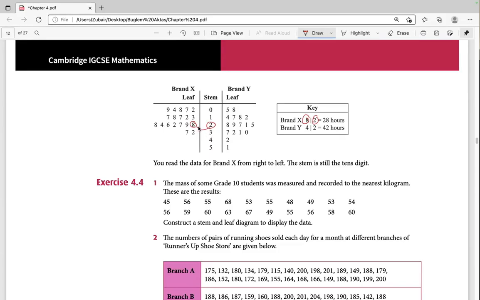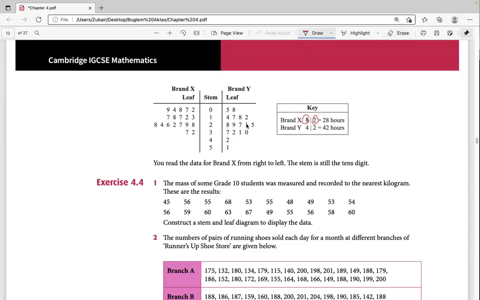So if this is 28, what is this? 32. Very good. And what is this? 20. Careful. 2. And what is this? 17. 17. So that's how you read the key.